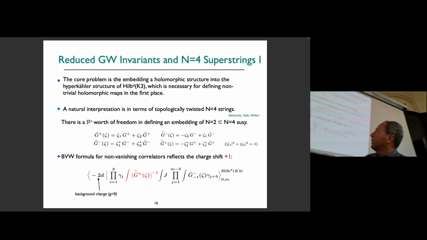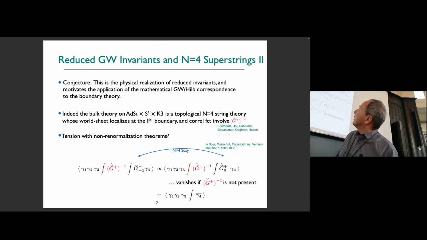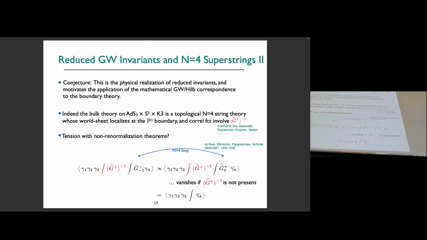And I come to this maybe just touching it. So this is now the main conjecture.